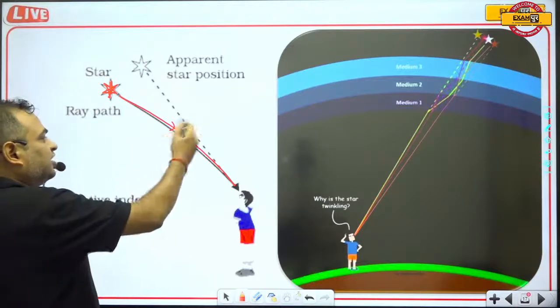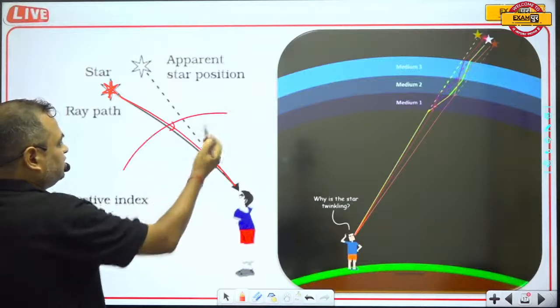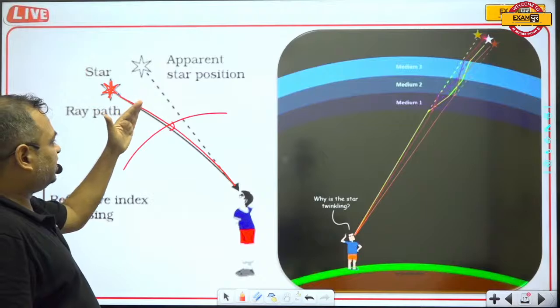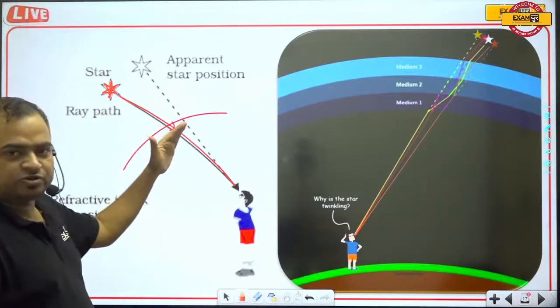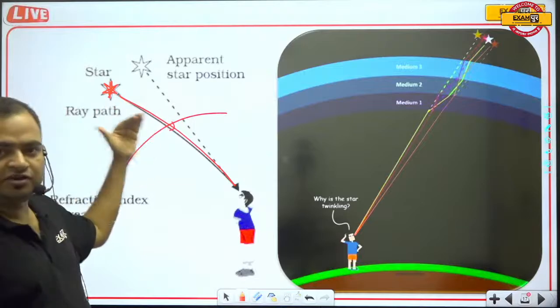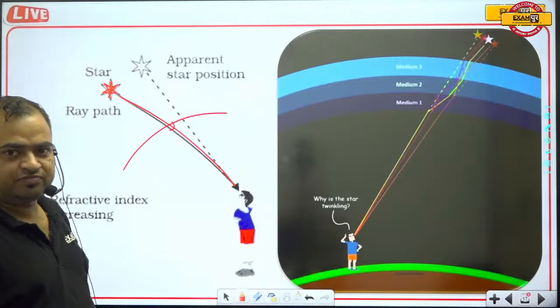But when they enter into the earth's atmosphere, suppose that the earth's atmosphere starts from here, they get a denser medium, and due to the denser medium, light rays start bending slowly.